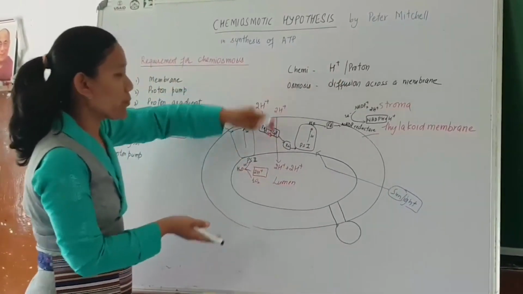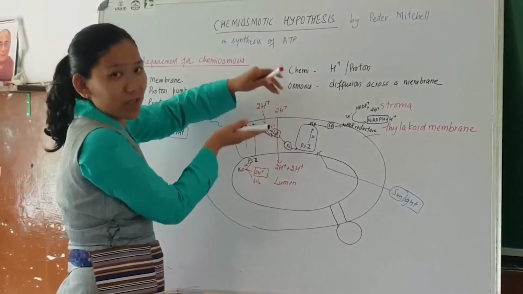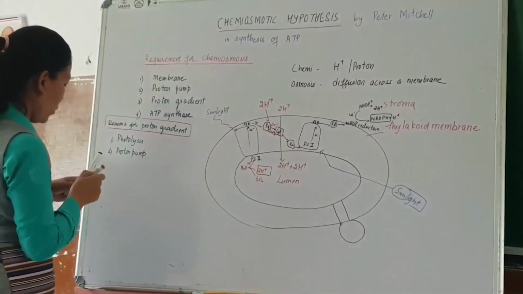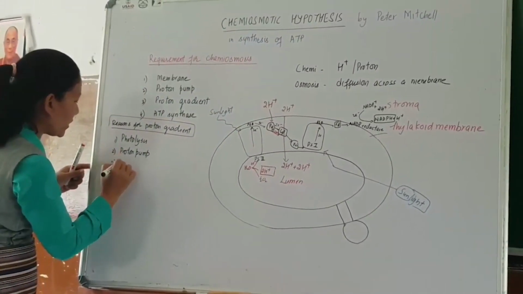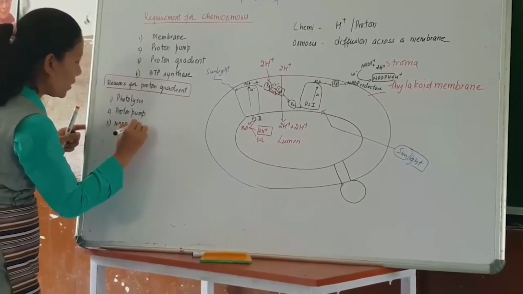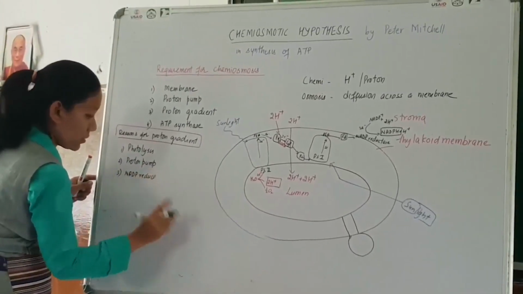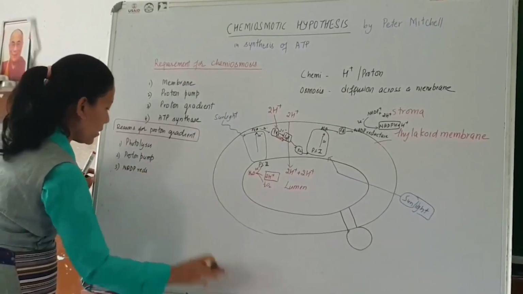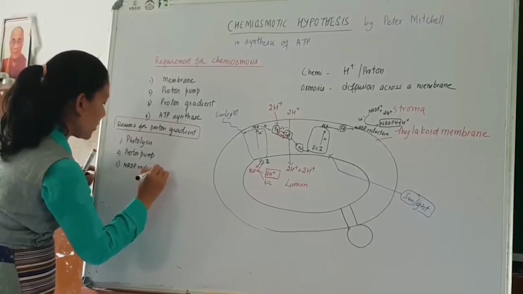So there are 3 ways by which the gradient is created. Okay, so the third one is done by NADP reductase.